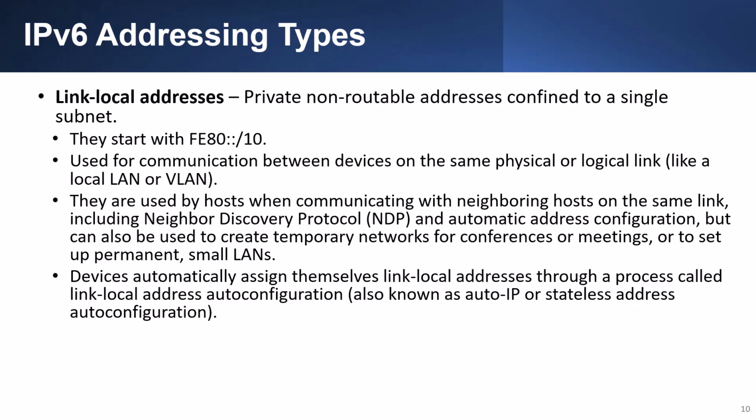They're used by hosts when communicating with neighboring hosts on the same link, including Neighbor Discovery Protocol, or NDP, and automatic address configuration, but can also be used to create temporary networks for conferencing or meetings, or to set up permanent small LANs. Devices automatically assign themselves link-local addresses through a process called link-local address auto-configuration, also known as auto IP or stateless address auto-configuration.